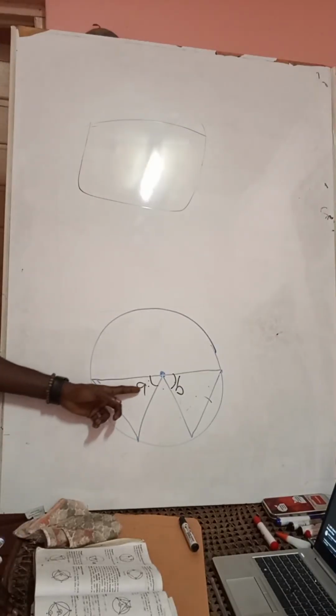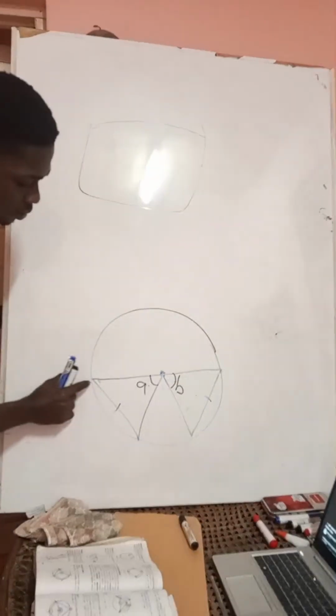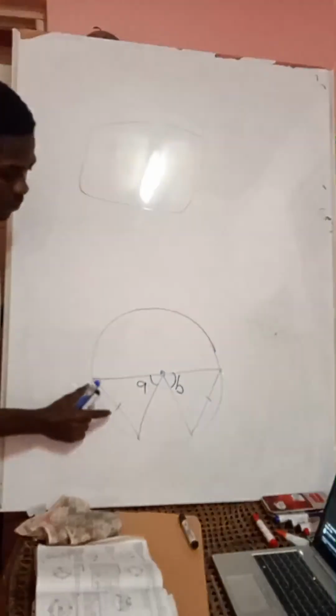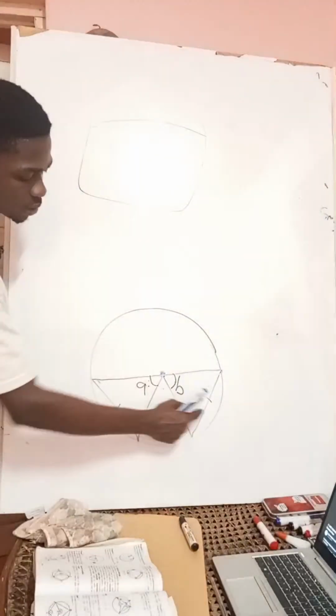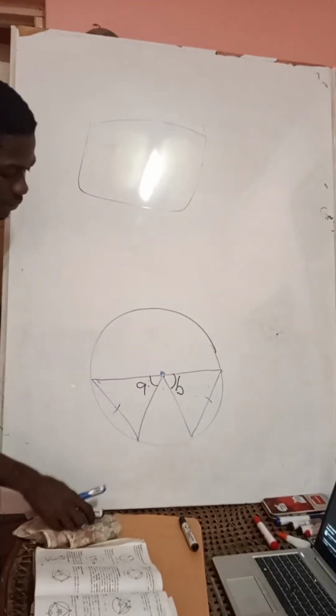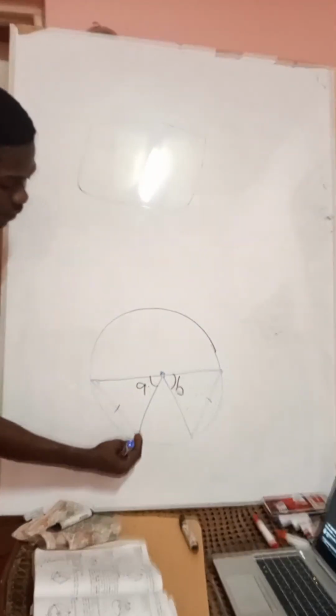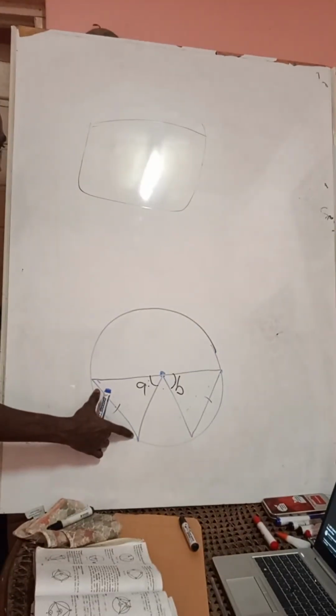If this chord and this chord are equal, the opposite angles are equal. The reason is that when you come here, this has a different angle and this has a different angle, but despite that the length is the same.